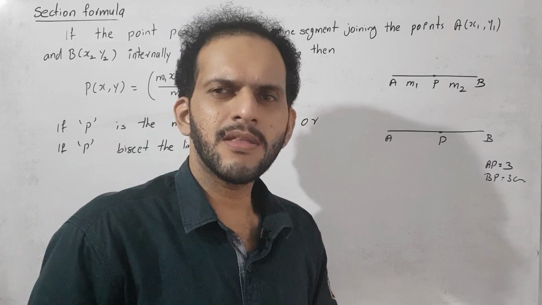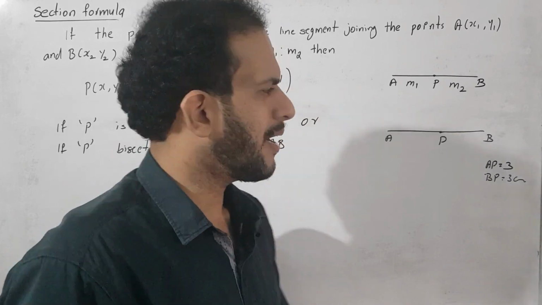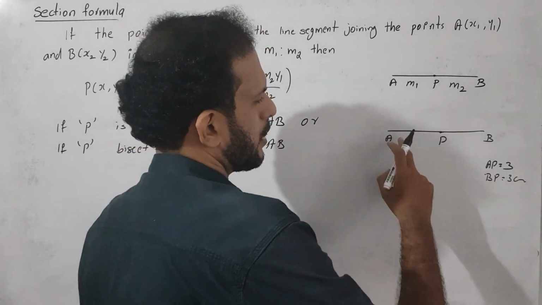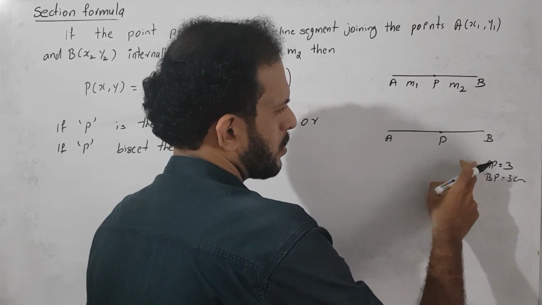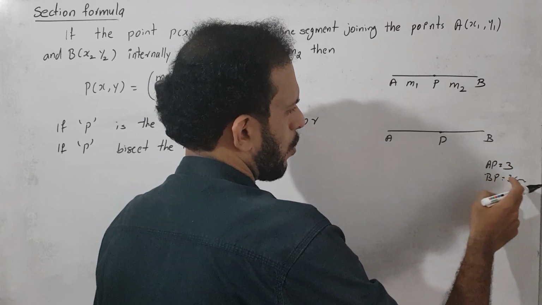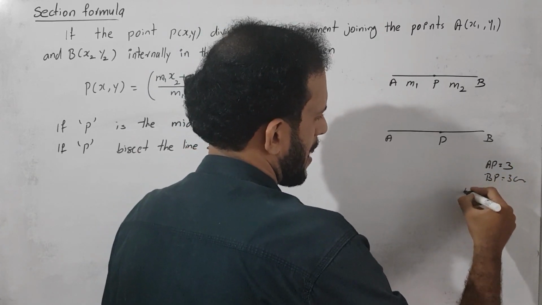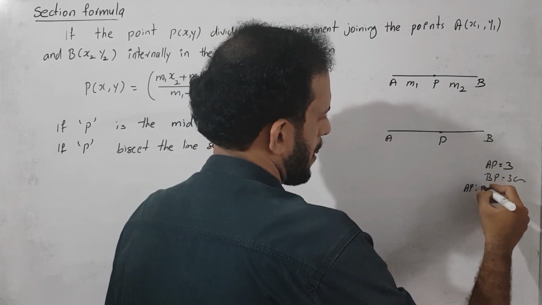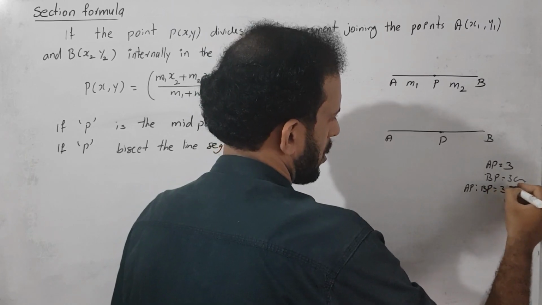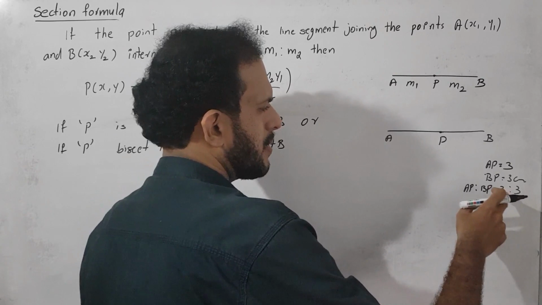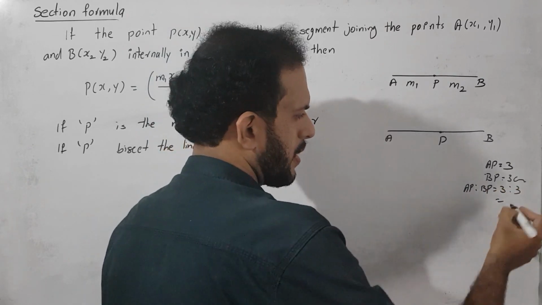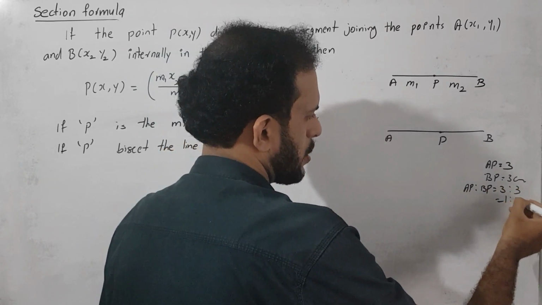Okay, if P is the midpoint of AB, then it's very clear what the ratio of AP and PB is. If AP is 3, BP is also 3, then the ratio of AP to BP is 3 is to 3. Both are the same number, so it is possible to reduce, and we get the ratio 1 is to 1.